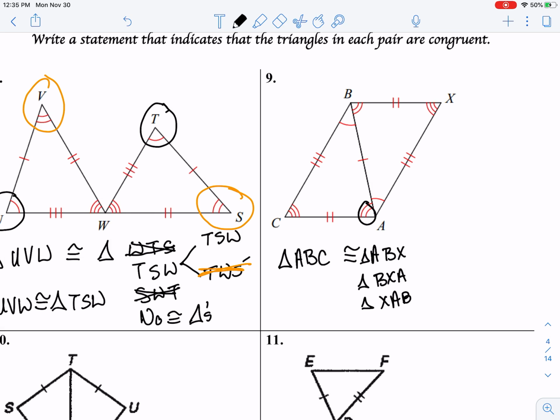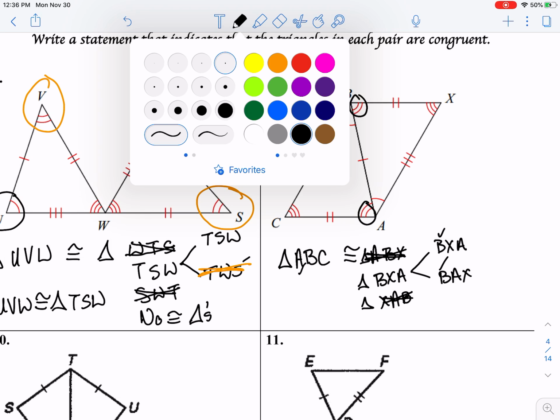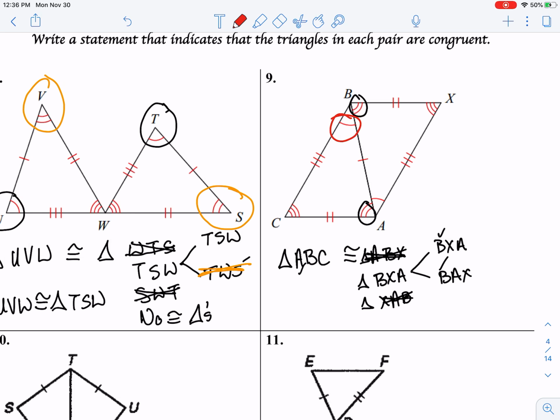A has 2 marks, B has 2 marks. So I start with A, means I must start with B over here. And it's either going to be BXA, or it's going to be BAX. I got those taken care of. B has 1 mark here in triangle ABC.